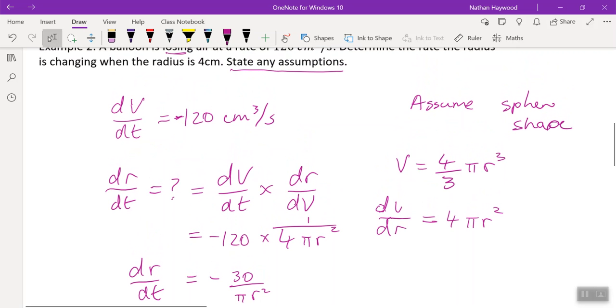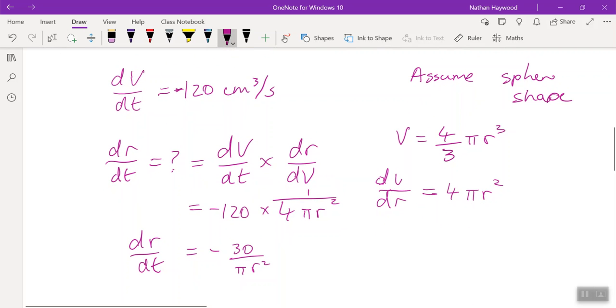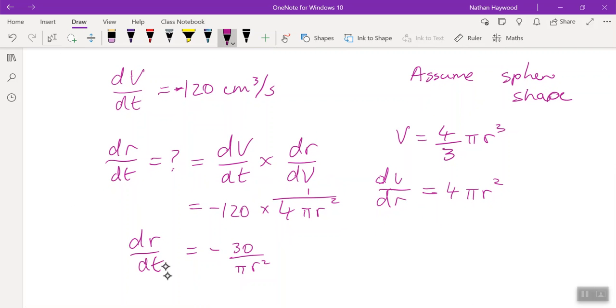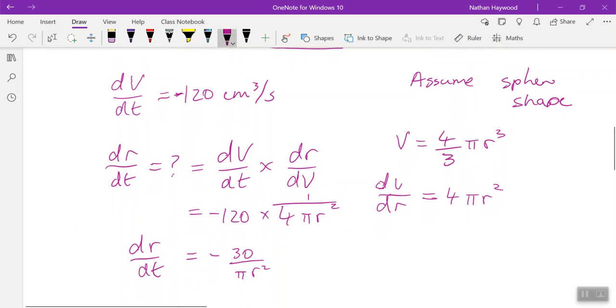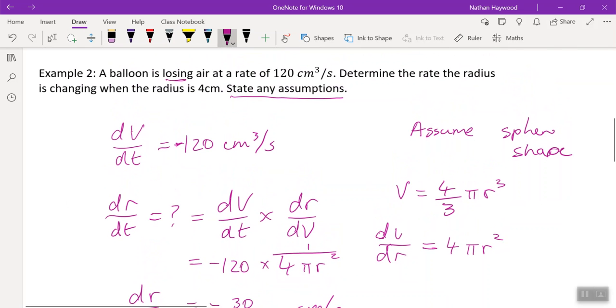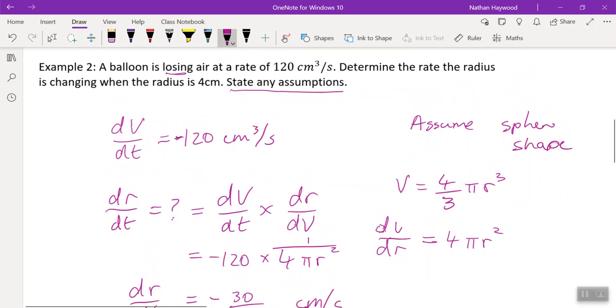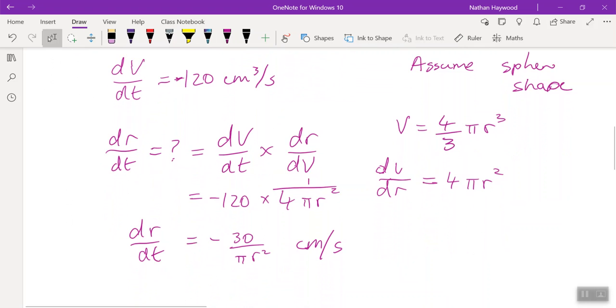So we used the information it gave and we used a strange form of the chain rule to figure out dr dt. Now remember my unit analysis. What's r, do you think? Centimeters, yep. And what's t? Okay, and it's saying determine the rate the radius is changing when the radius is 4 centimeters.